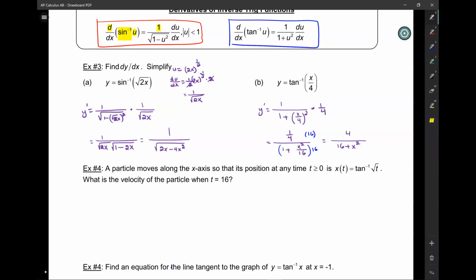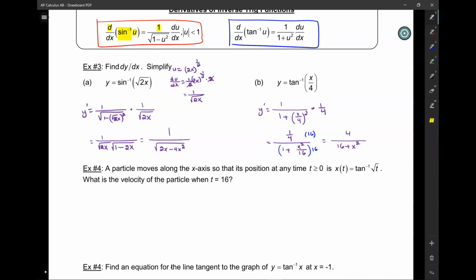So if you did bring it to the bottom, you would get the same. So if you did 1 over 4 times 1 plus x squared over 16, like this, right? I would still multiply by 16. So now I get, it'll cancel out here.